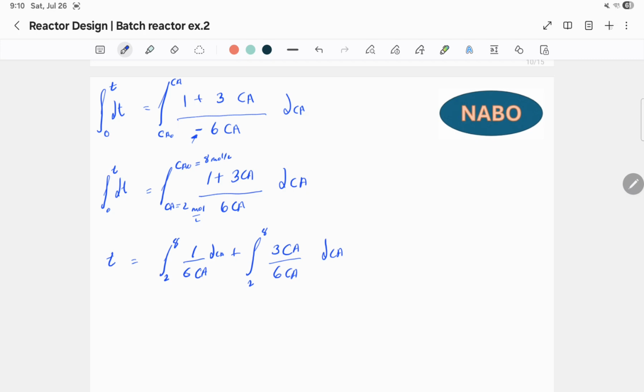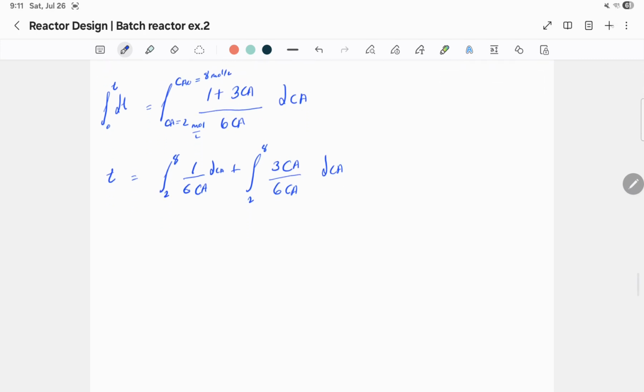We can simplify this equation further. T equals, we'll take the constant term, 1 over 6, outside the integral, with limits from 2 to 8, 1 over Ca dCa, plus these Ca's will cancel.